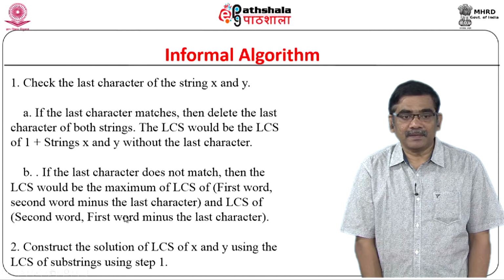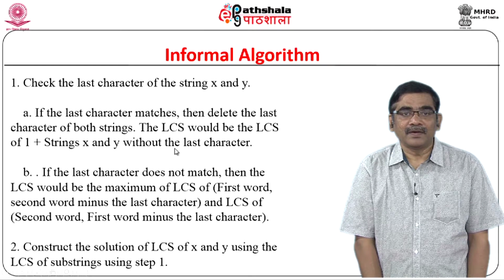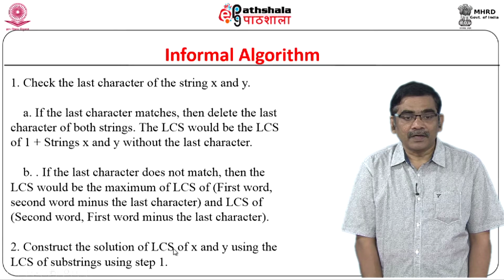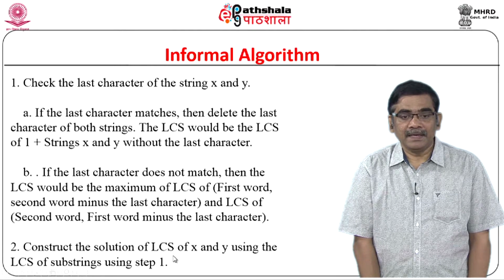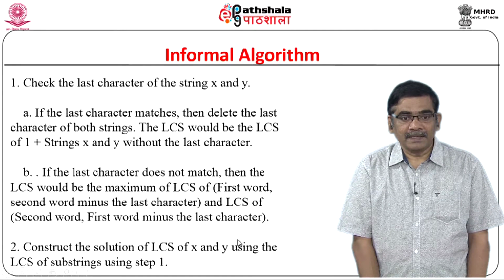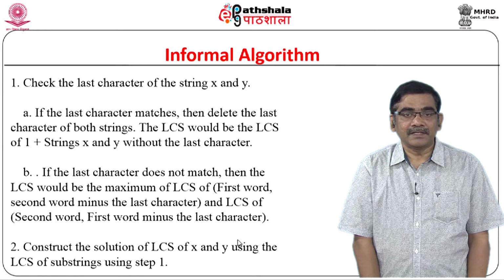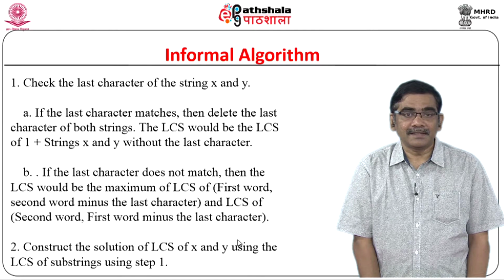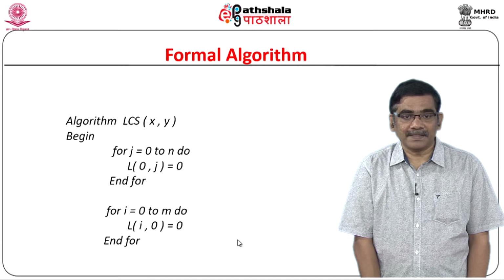In this manner we can find L of i comma j, and we store that into the table, and we repeat this process. By the end of the algorithm, the table will be full, and the last entry tells you the number of characters that match, and that gives the longest common subsequence.